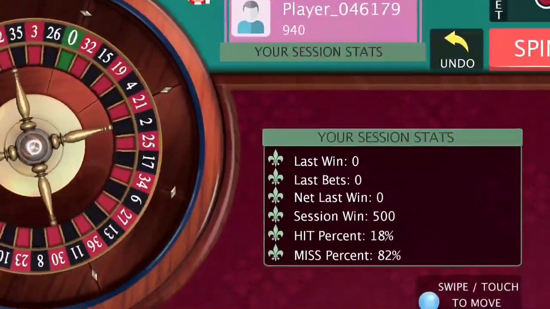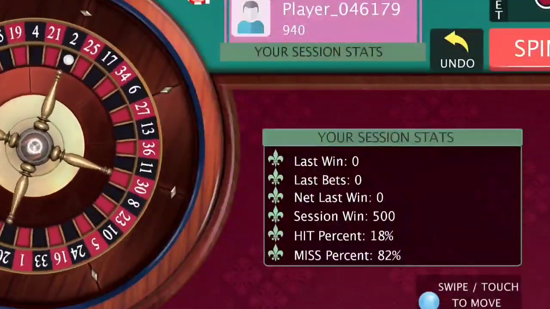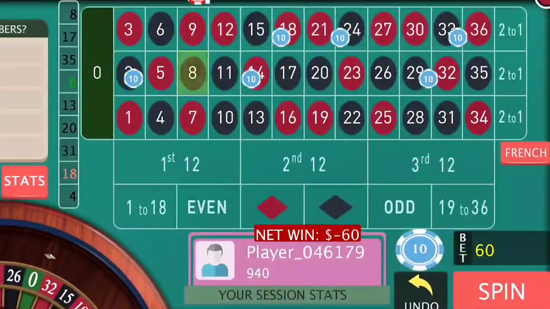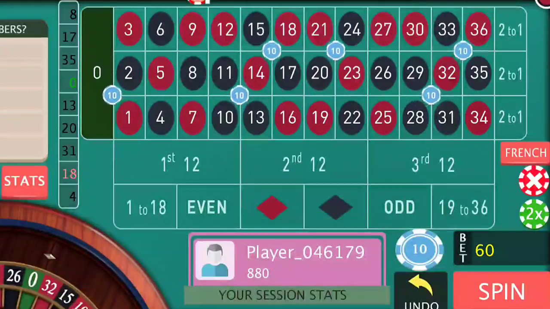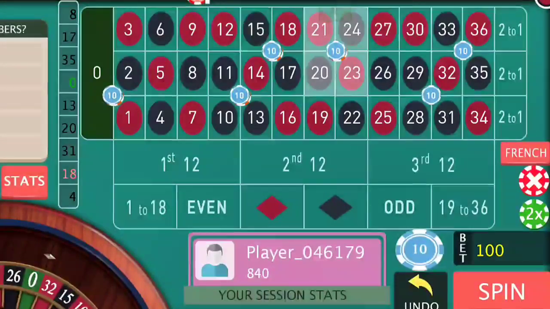Once you have decided your position, you have to play with the same position for the next few spins, at least 5 to 6 spins. This time I lose, so what I need to do is increase the bets by 1 more unit at all positions.